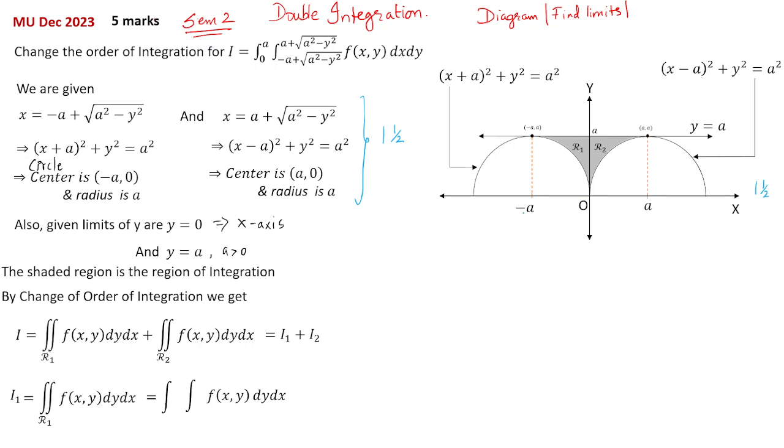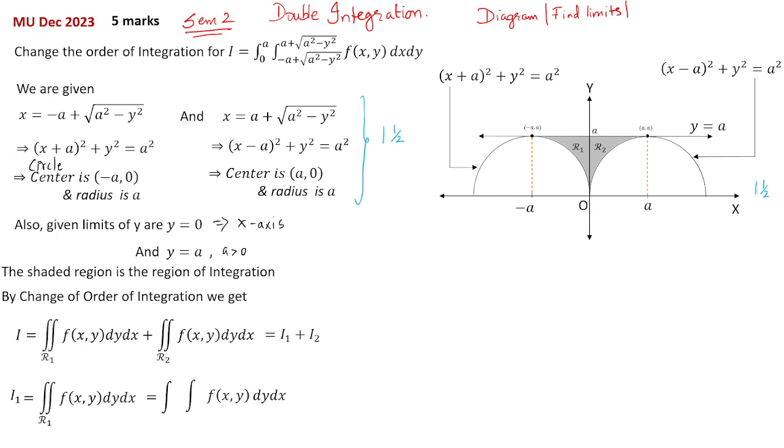Because the region is splitting into two parts, R1 being the region on the left side, the projection is going to be from minus a to 0, the origin over here.